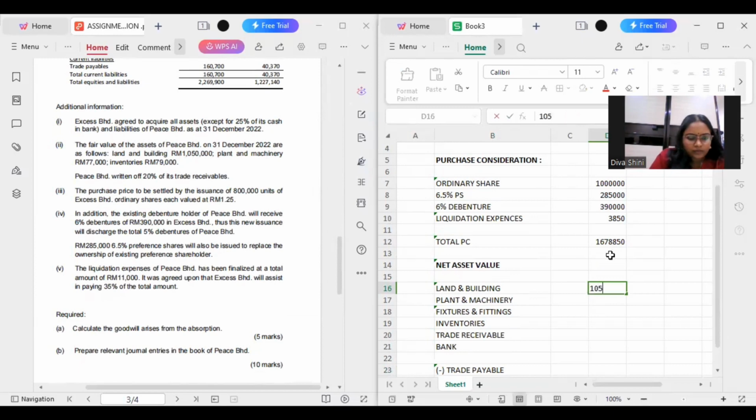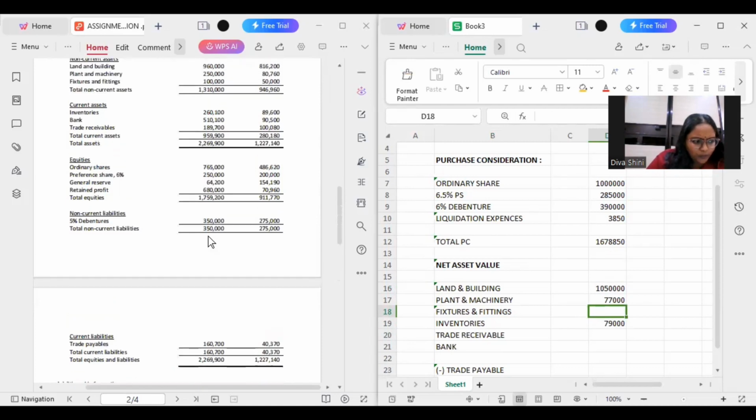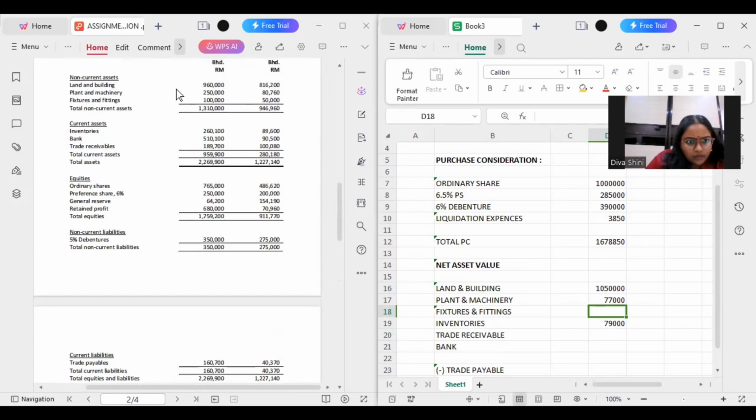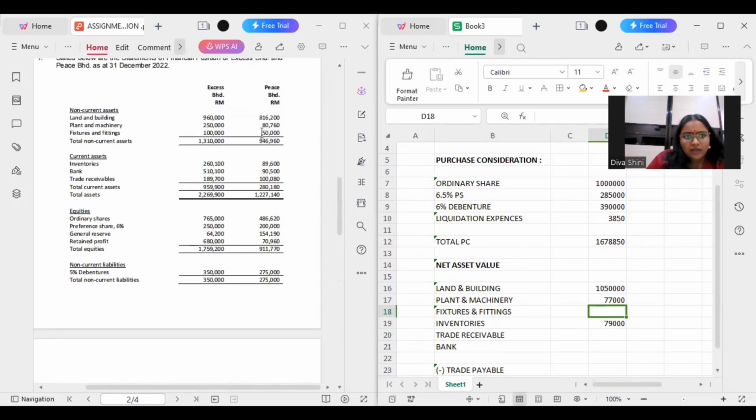Then plant and machinery 77,000. Inventory is 79,000. Trade receivable is 20% written off. For the fixtures and fittings, they didn't give it in the additional information, so we need to take it from the question, which is from Peace: fixtures and fittings 50,000.